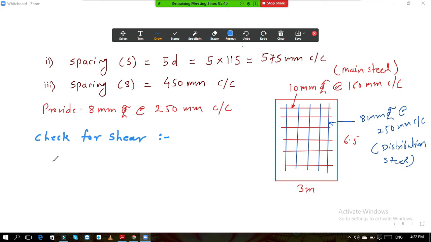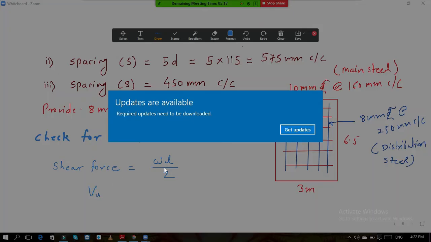Similarly, we can calculate the shear force, which is WL by 2, where W is the factored load and L is the effective span. We will give the notation VU to the shear force.